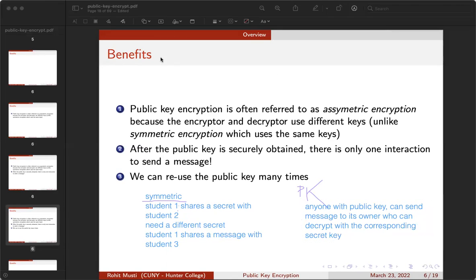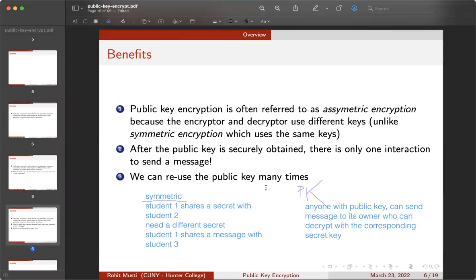And if you think about the world we live in, I mean, you need to email people who you might not know in advance. And so by having these public key encryption benefits, we're able to get around having to have all these extra interactions, which is kind of cool.